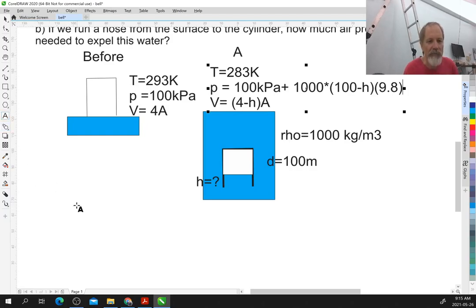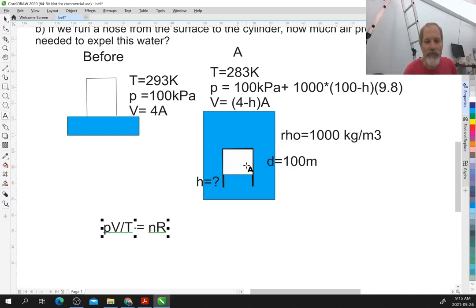So part B, now I'm going to start to try to solve. First of all, I'm going to assume ideal gas: PV equals nRT, or PV divided by T equals nR, the ideal gas law, right? And we know that n is not changing.